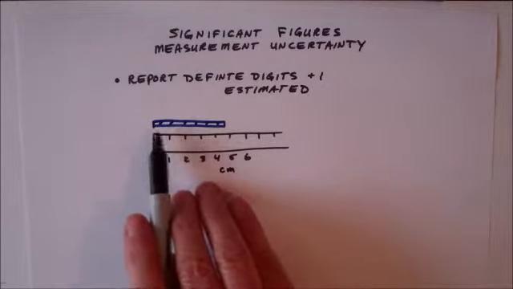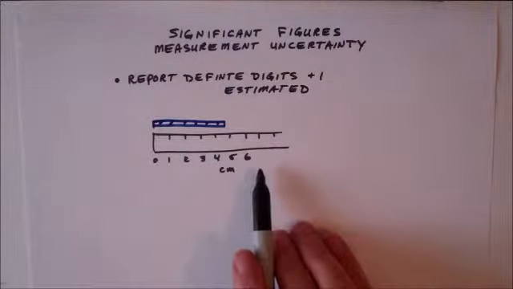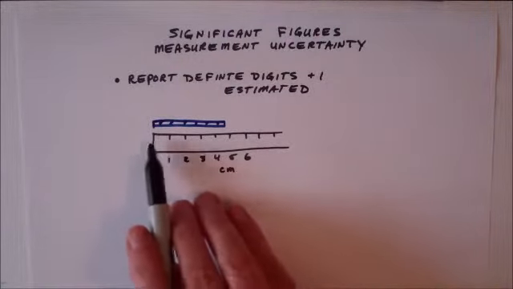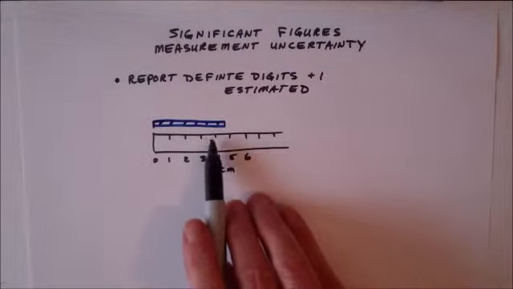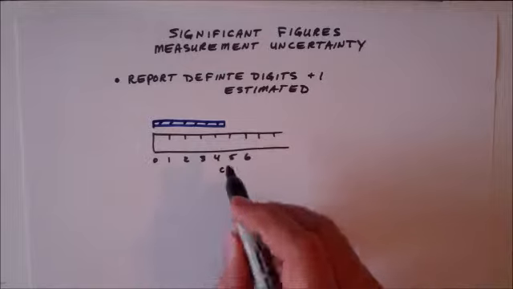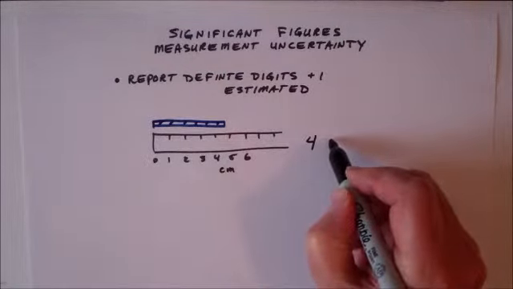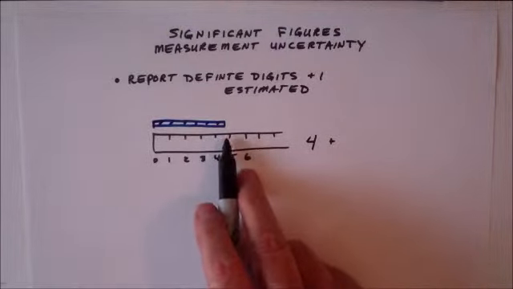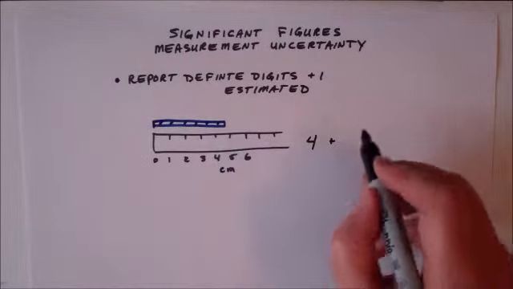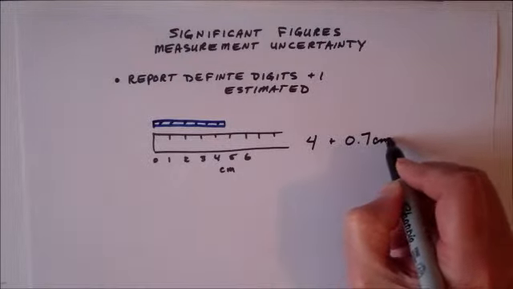So if we're measuring the length of an object, this blue object here, using a ruler marked in centimeters, we would say that this is definitely between 4 and 5, so that we could report this definite digit as 4 plus the estimated digit. Then we'd estimate the percent that the end of this is between 4 and 5, which in this case I would estimate to be 0.7 centimeters.